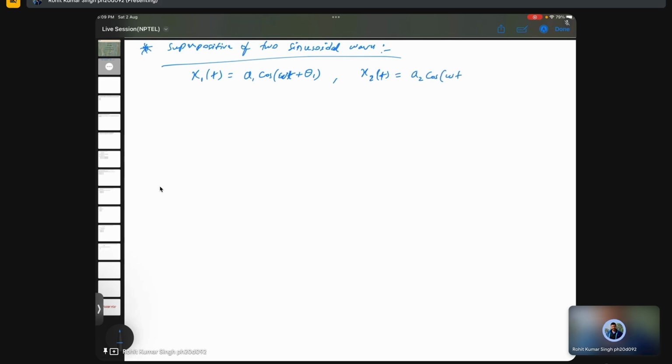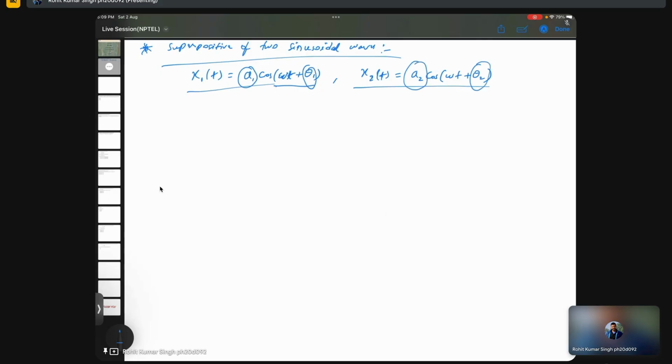The frequency will be the same. What is the difference between these two waves? The first thing is the amplitudes are different, and the phase is different.